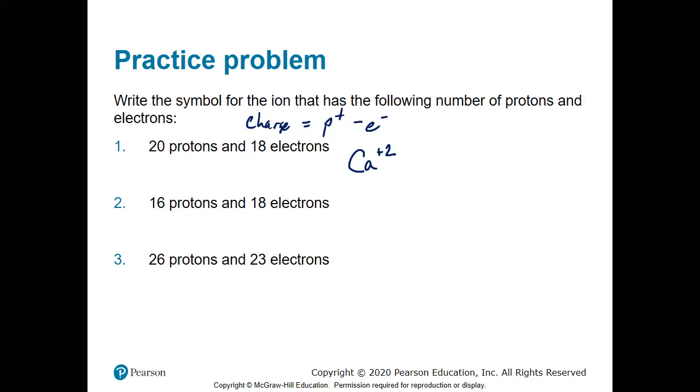For number 2, 16 protons, 18 electrons. I go to the periodic table. Element number 16 is S, sulfur. 16 minus 18 would be negative 2. So the charge on the sulfur here is negative 2.